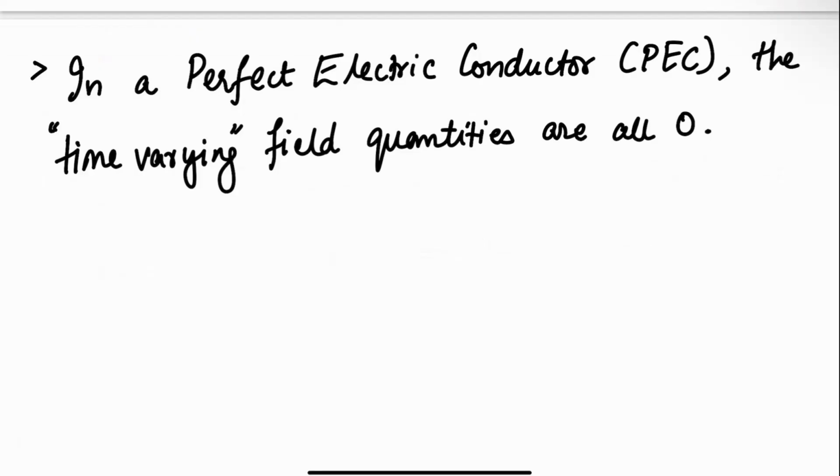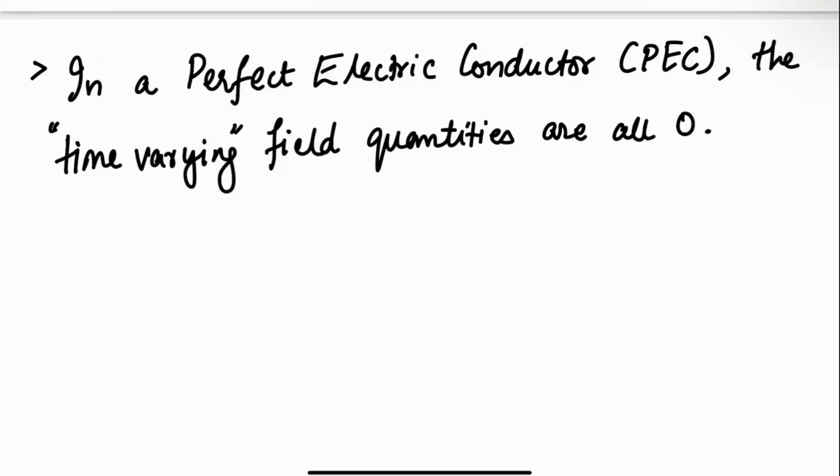But intuitively, essentially, if you have an electric field that's non-zero inside a metal, then electrons inside the metal will move to make it 0. And they'll keep moving until the field goes to 0, right? And that's the idea. And in a perfect electric conductor, we assume basically that these electrons move instantaneously and they don't have any delay. Or at least at steady state, you can say that there would be no fields, right?